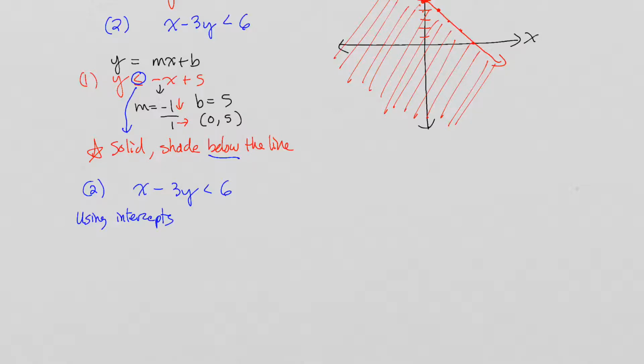So let's start with y. If y is equal to 0, that'll take away the most complicated term. That's going to leave us with x equals 6. So we have the intercept 6, 0.